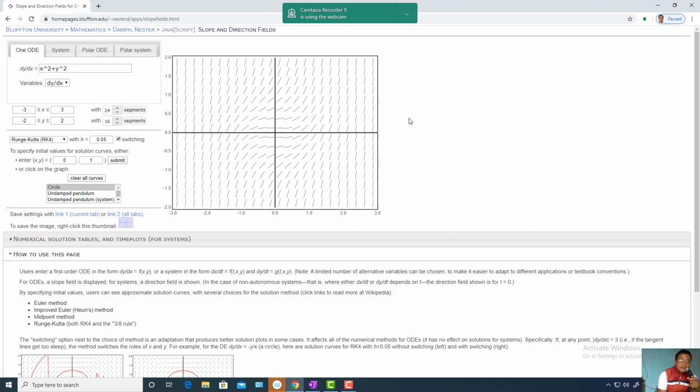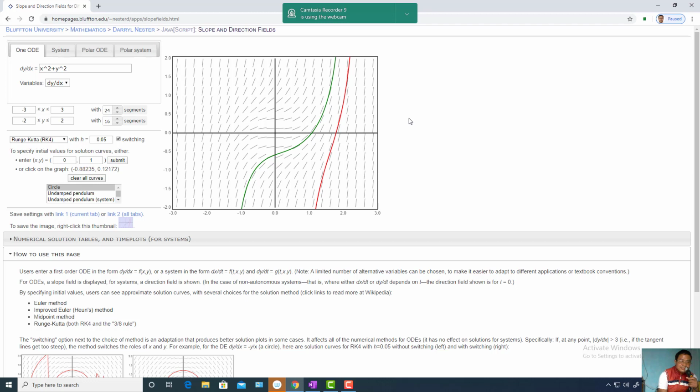Suppose at this point here, what is the solution curve? Just click here. The software will give you the solution curve. See, the solution curve is like this. Again passing through this point, what is the solution curve? See, the solution curve is here. This is the solution curve.